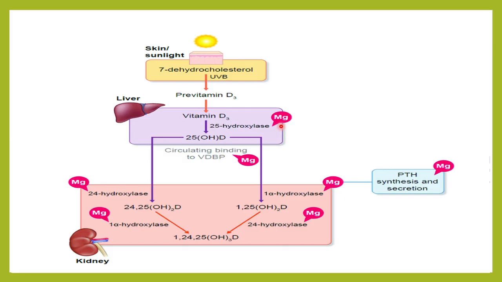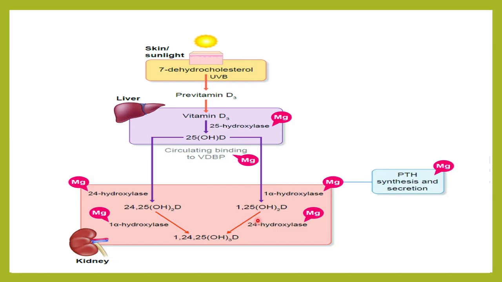That is why people who take magnesium antacids for a long time develop decreased calcium levels. So hypocalcemia occurs because magnesium is not helping in these steps. So magnesium is also a very important mineral in calcium metabolism.